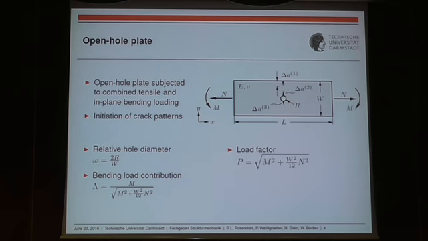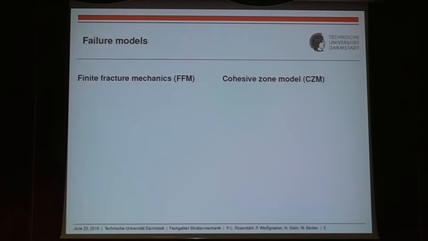The denominator of this lambda will serve as our load parameter, we call it P, and then we have related crack lengths, which basically relate our dimensional finite cracks to the distance between the hole and the plate's edge.